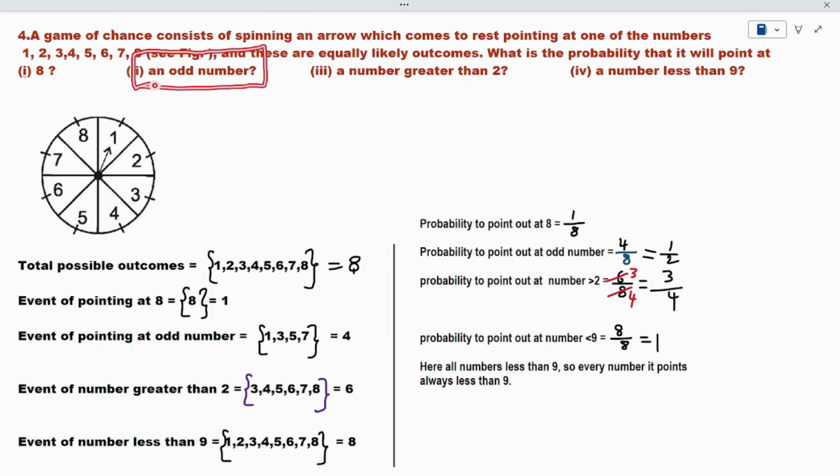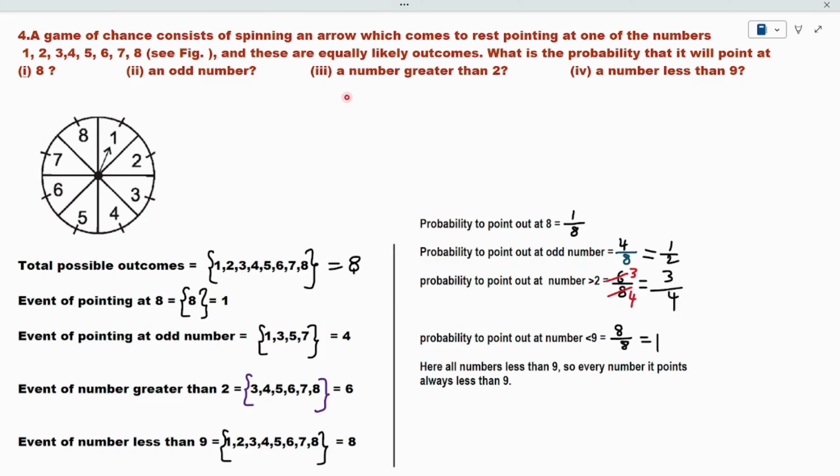How many odd numbers do I have? 1, 3, 5, 7 are my odd numbers. Total 4 odd numbers.